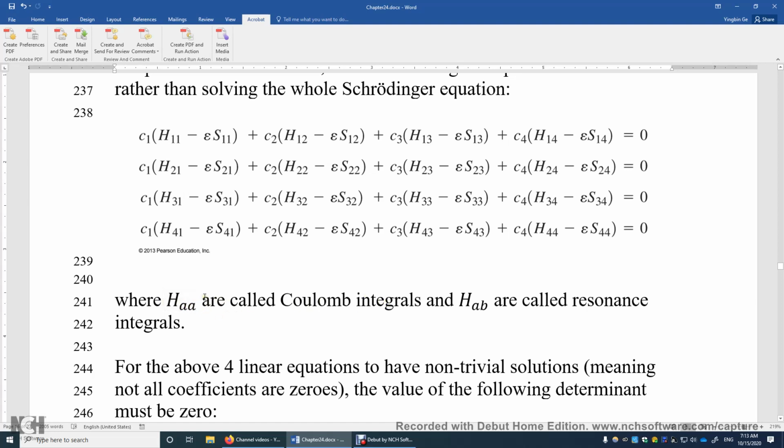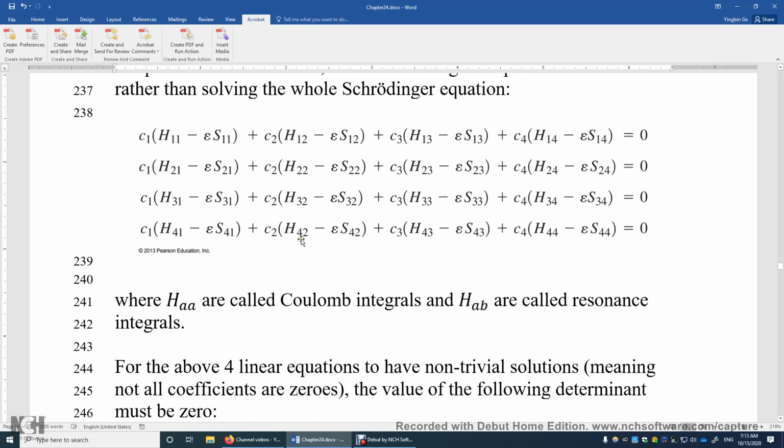We're looking at just one single carbon. HAB are called resonance integrals. That gives you a rough idea about how much 2 atomic orbitals centered on different nuclei interact with each other.